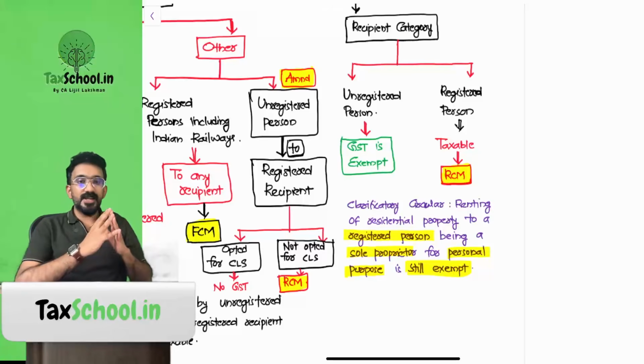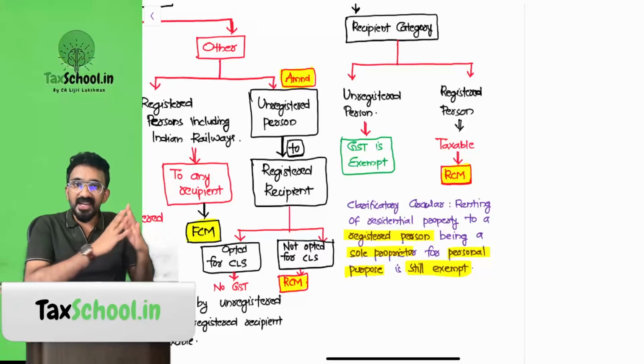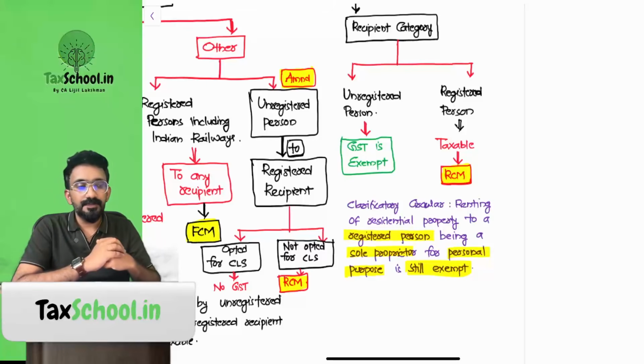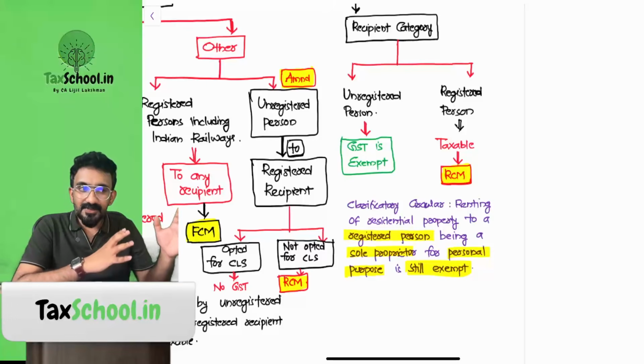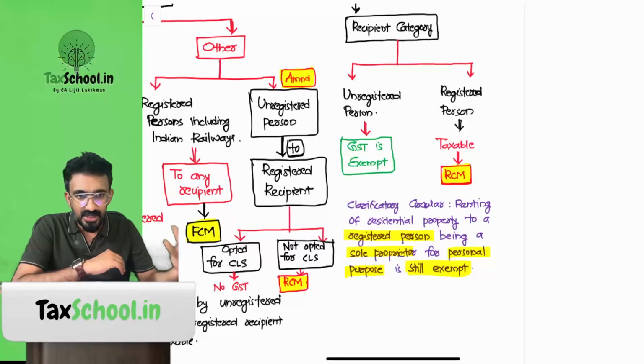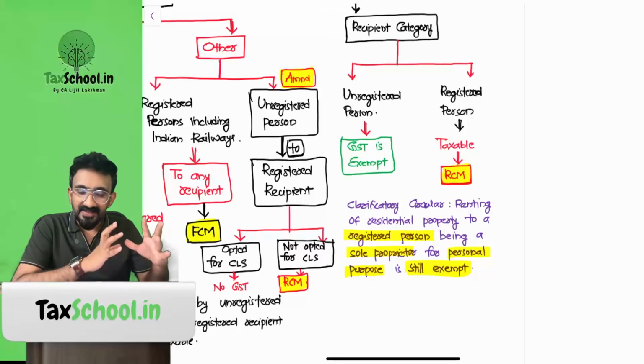Now, as far as Raju is concerned, in his business he'll have a lot of expenditure. For his family to stay, he might have taken a flat on rent also. If he has taken a residential property for his business, it would be taxable under RCM. But if he has taken his residential property for his personal purpose, it would be exempt only.